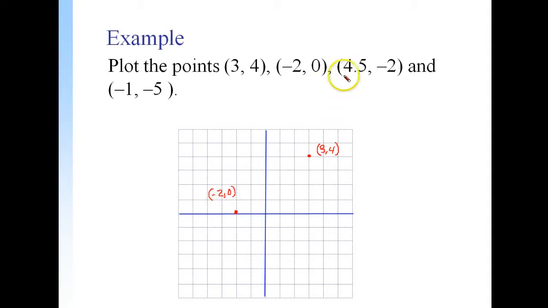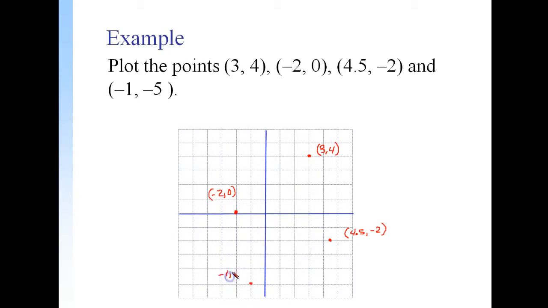And for this one, we're going over 4.5. So there's 1, there's 2, there's 3, there's 4. So we go halfway and then down 2. 1, 2. So this will be 4.5, -2. And the last one is -1, -5. So we start at 0, go left 1, that's -1, and then down 5. 1, 2, 3, 4, 5.